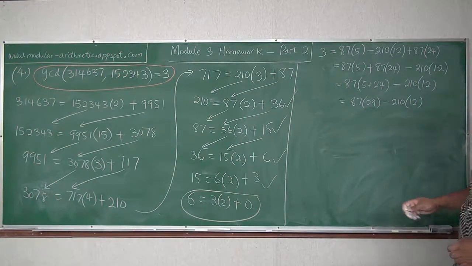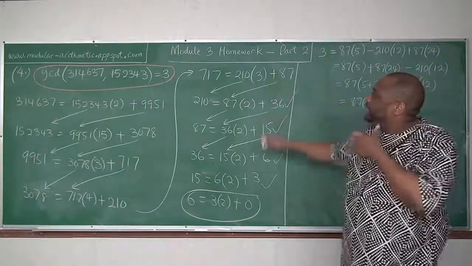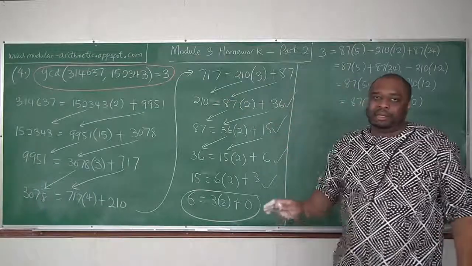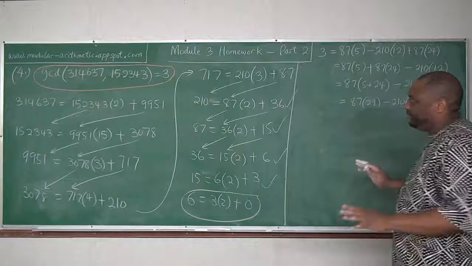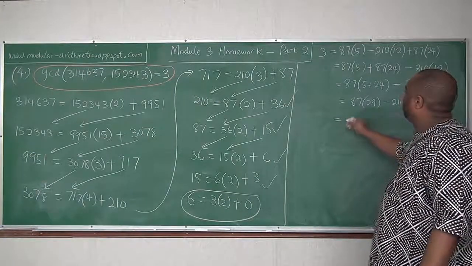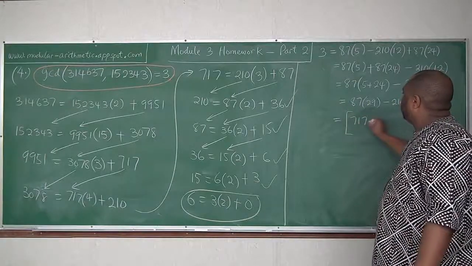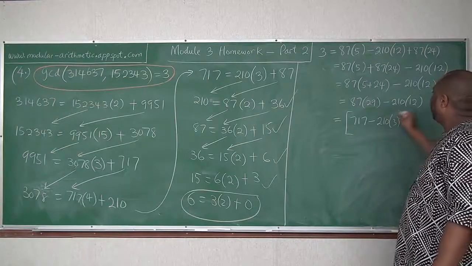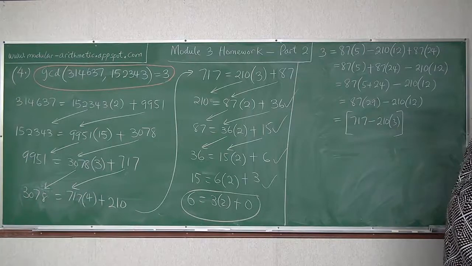Alright, the next one, I will isolate 87. I will solve for 87. I need to see 717 and 210, dividend and divisor. So I put a bracket: 717 minus 210 times 3. I close the bracket because this is for 87.